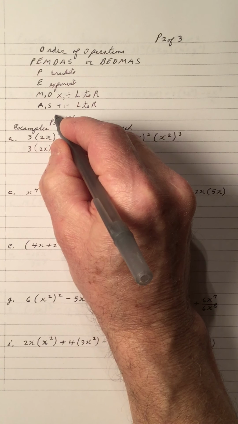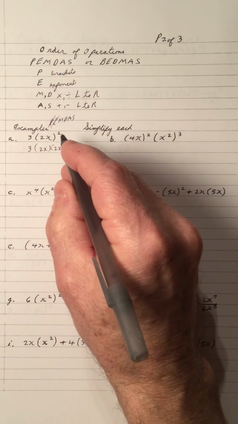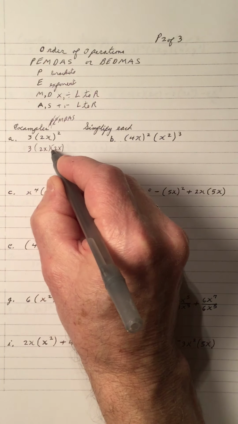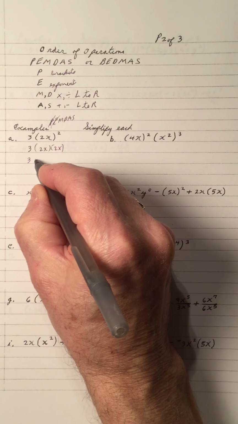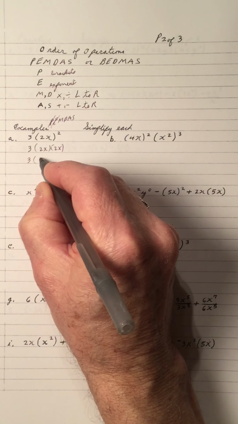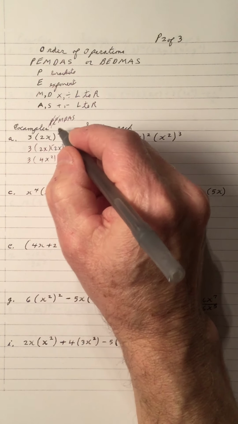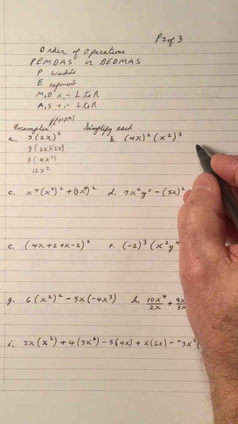There's no bracket inside the brackets to do, so we do the exponent next. And when we do that, now you can multiply the 2x and the 2x. That's because we did the square first. So that gives us 2 times 2 is 4, x times x is x squared. So we have the exponent done. We do the squaring first. And then we multiply 3 by 4 to get 12x squared.